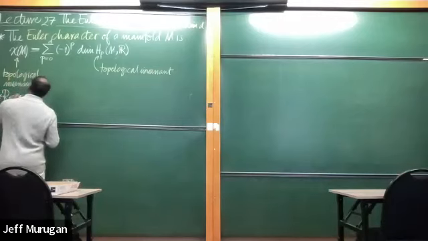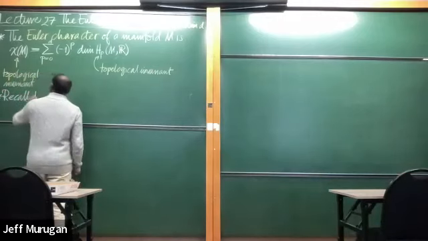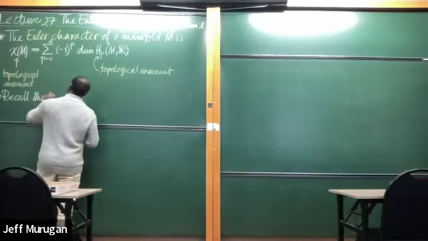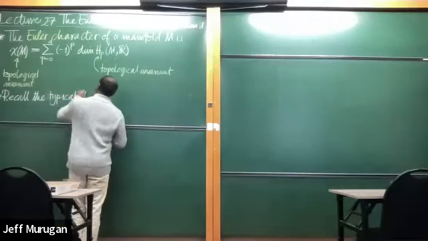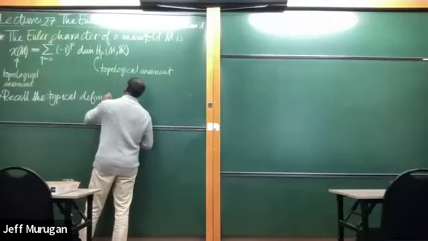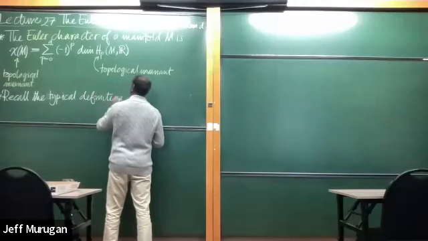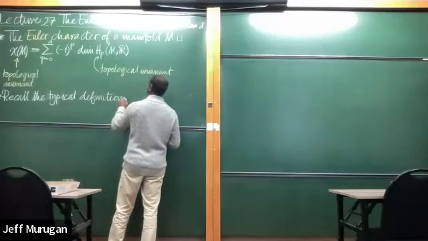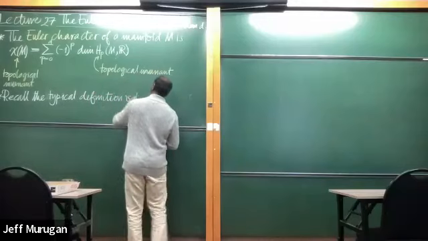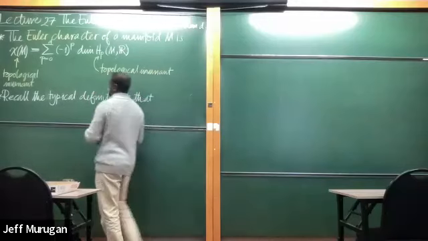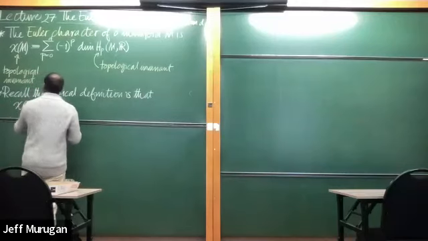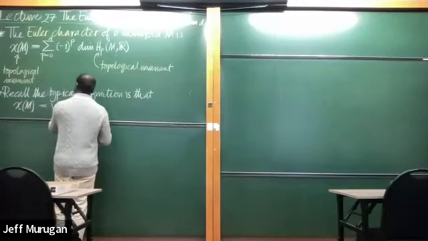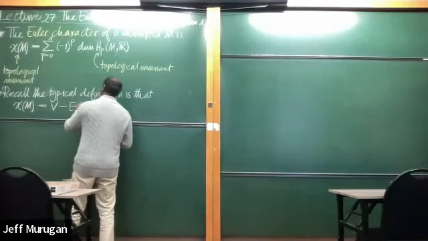So recall that the typical definition is that chi is the number of vertices minus the number of edges plus the number of faces.